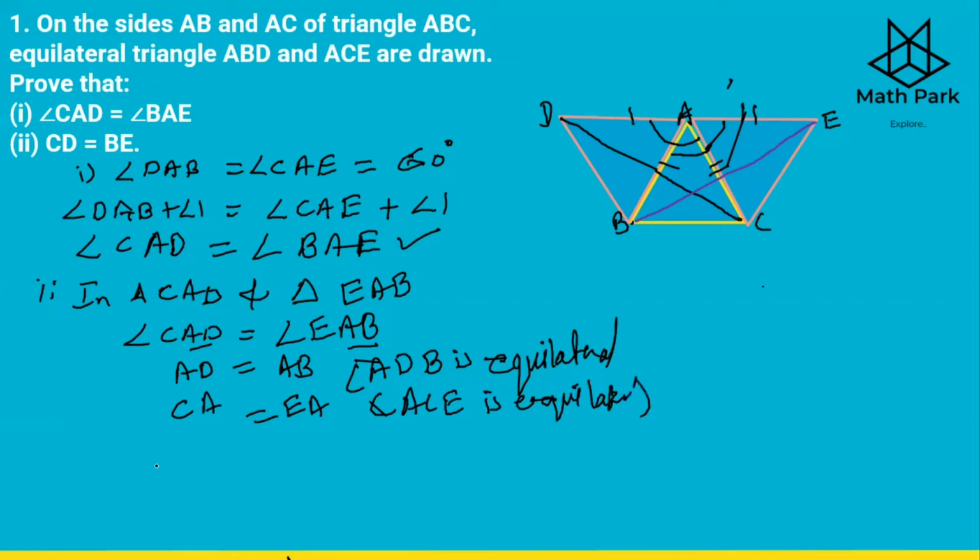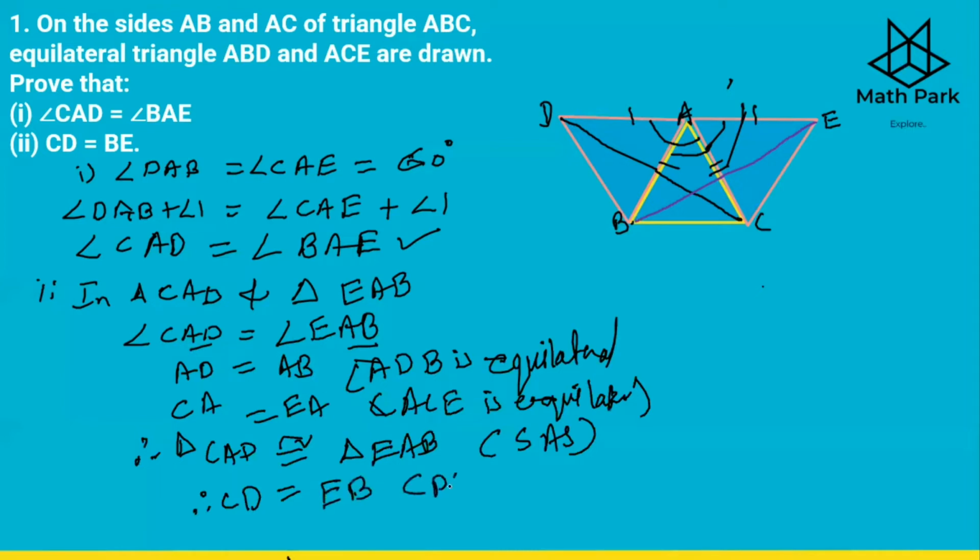So therefore you get triangle CAD is congruent to triangle EAB by which test? By SAS. And therefore you get CD is equal to BE by CPCT. CD is equal to BE or EB, because here the corresponding side is EB by CPCT, and we are done with this question.